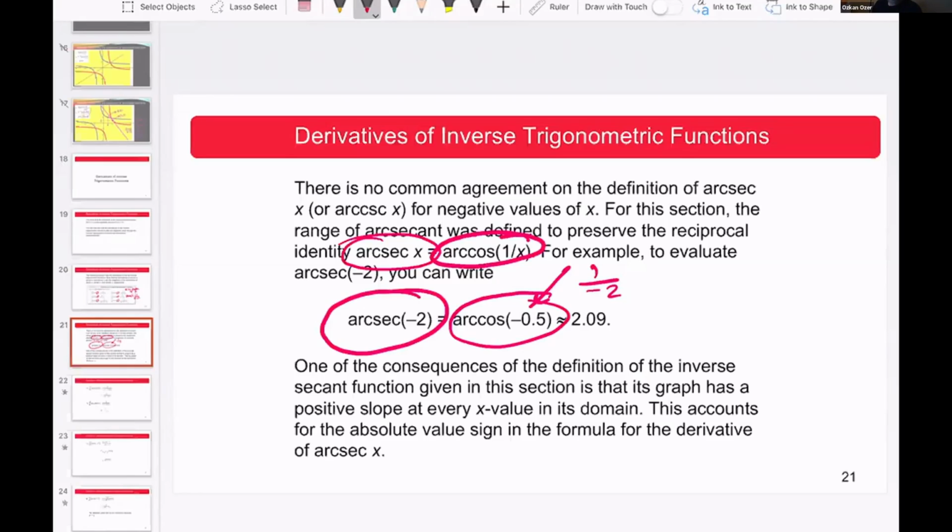And I'm 100% sure that you have arc cosine in your calculator, or cosine inverse of x, whichever is more applicable. Okay, so this is just one quick slide saying don't freak out when you try to calculate arc secant or arc cosecant or arc cotangent. You can always use the reciprocal idea to convert it to a known arc function that you can punch in your calculator.